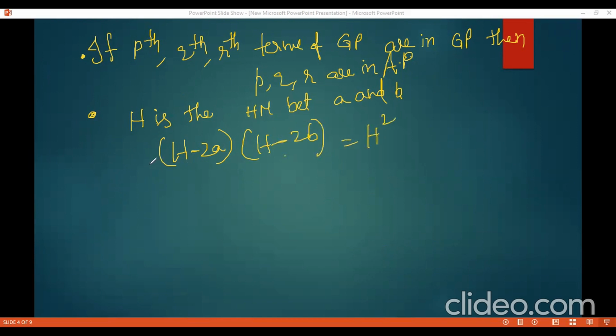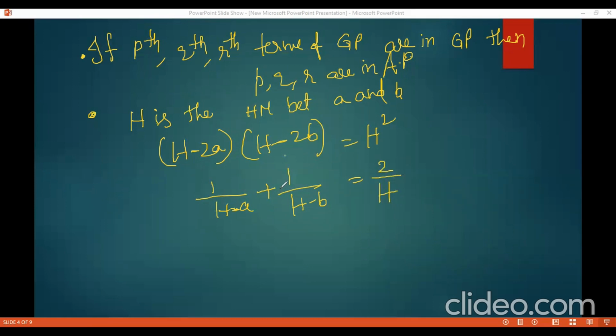Understood? And also, if H is the HM between A and B, the other one is also there: 1 by (H minus A) plus 1 by (H minus B) is equal to 2 by H. Right. 2 by H.